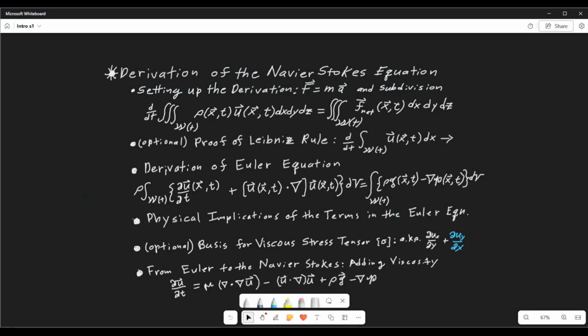I'm going to switch over here. So what will be covered in these videos: I'm going to start out with a derivation of the Navier Stokes equation. That comes from breaking the area of fluid flow up into discrete cells, and then applying essentially force equals mass times acceleration.